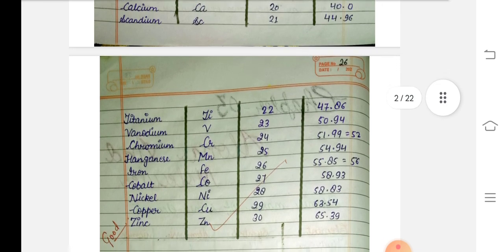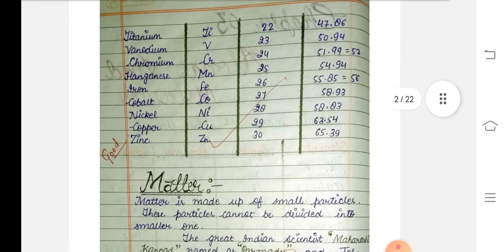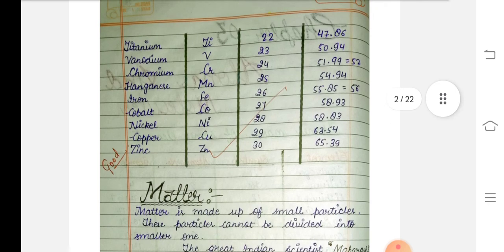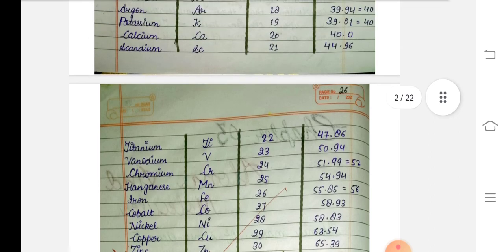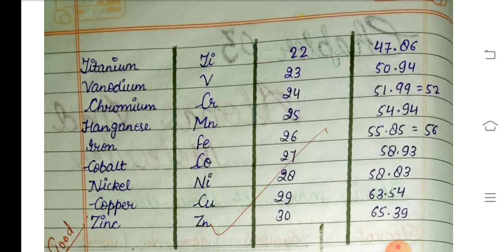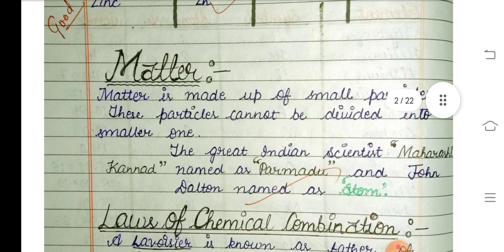Then scandium, titanium, vanadium, chromium, manganese, iron, cobalt, nickel, copper, zinc. These are not so important for you, but you only have to learn till calcium. You can see their atomic numbers and atomic masses from my notes, right?